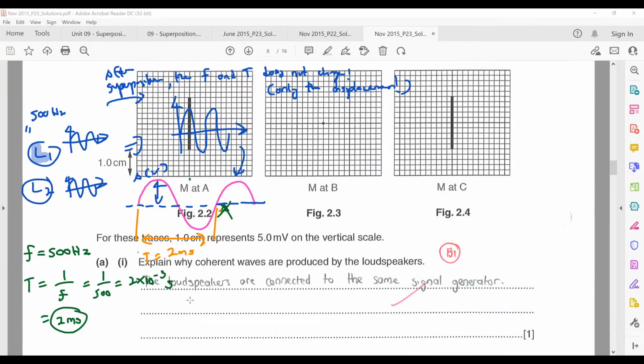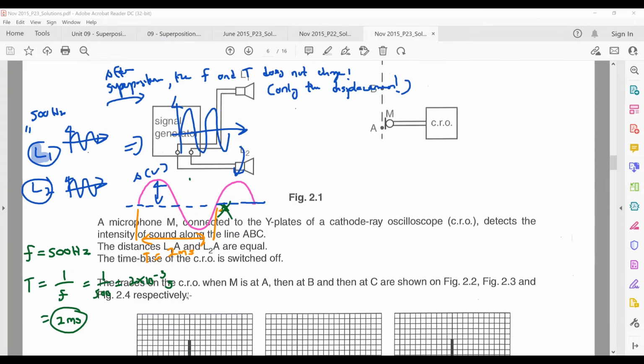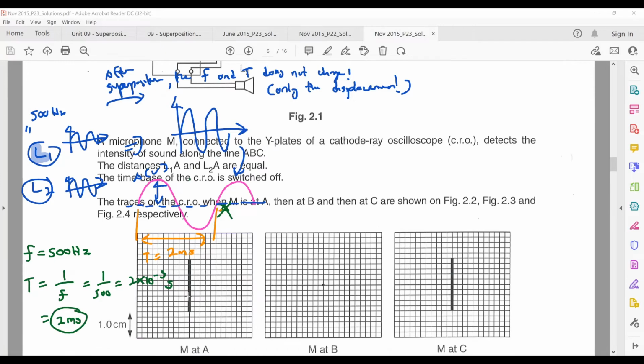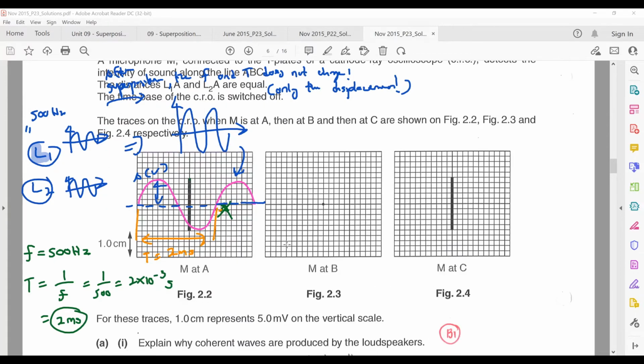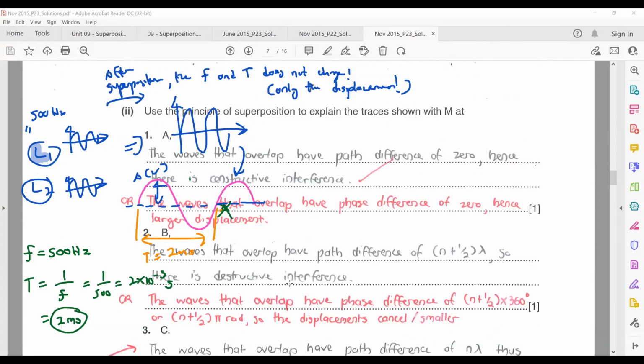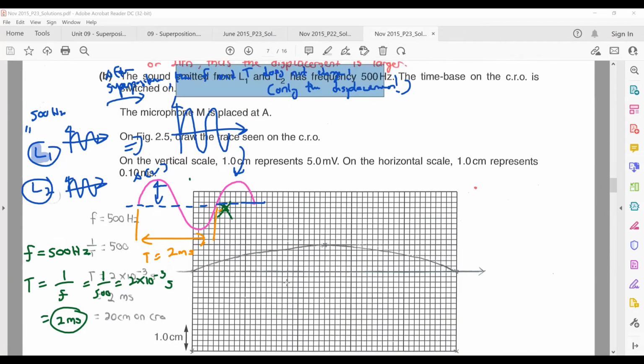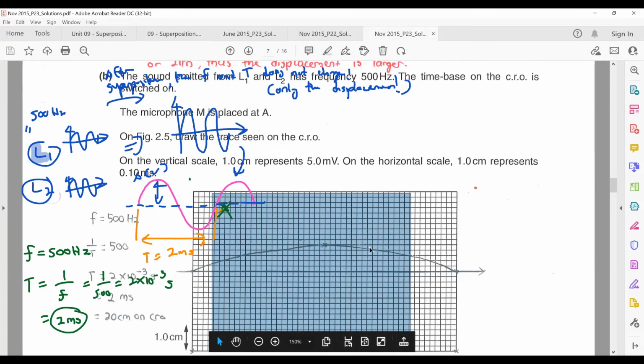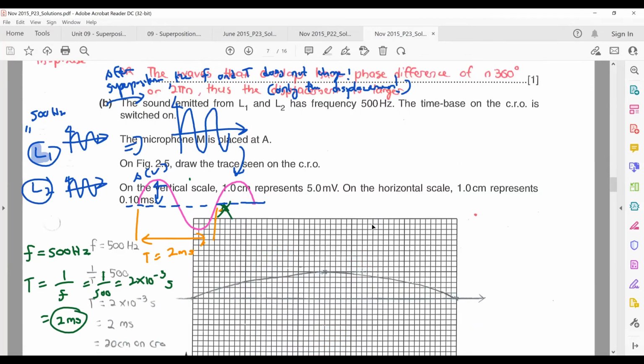Did they say anything here? The CRO, okay. So they say now this is the same CRO screen, but with the time-based setting enabled. So they want you to draw the new trace that you see here.